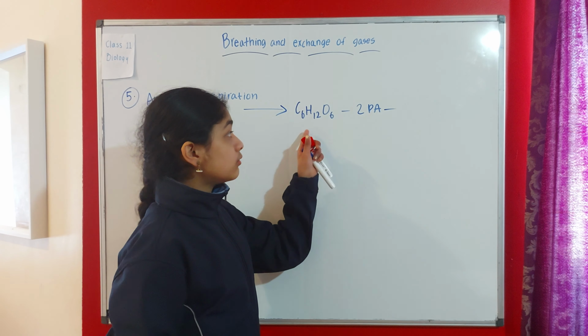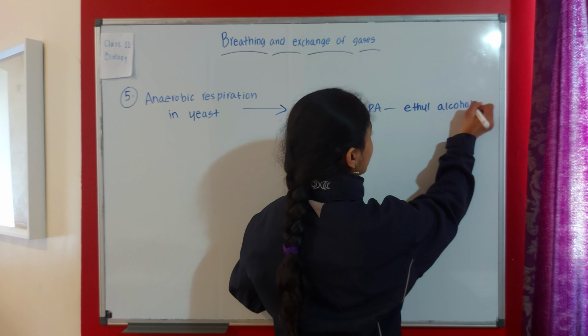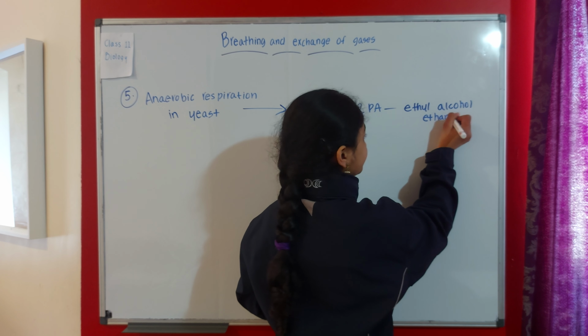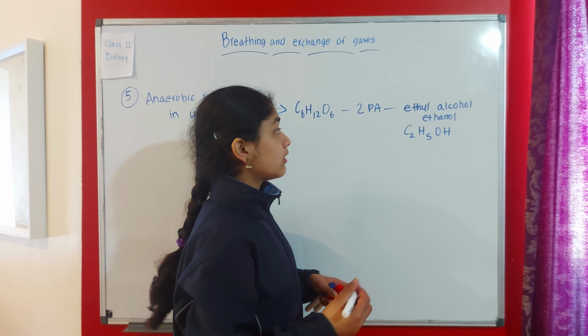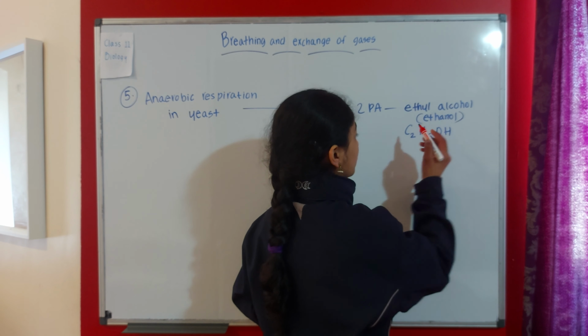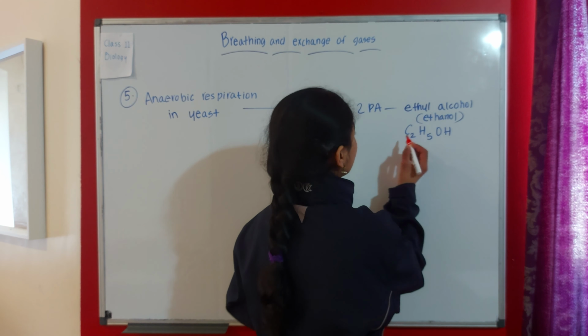This 2-pyruvic acid again converts into a substance that is ethyl alcohol, or ethanol. The chemical formula of ethanol is C2H5OH. So here we have 2 molecules of C2H5OH, and 2 molecules on the other side.